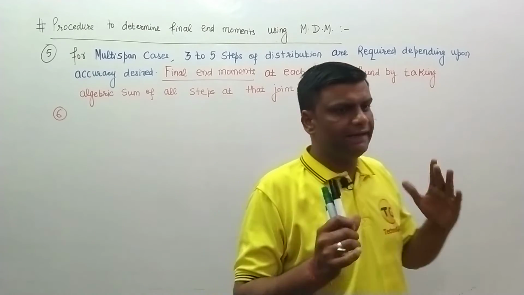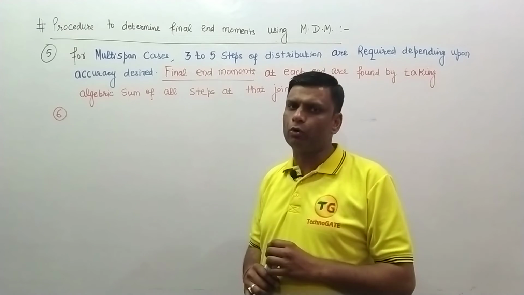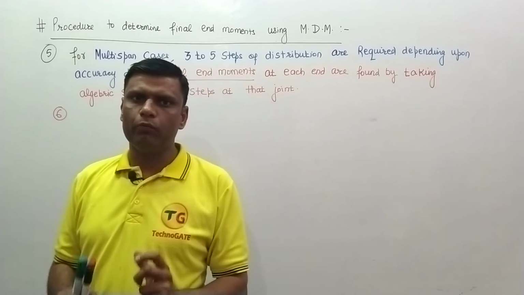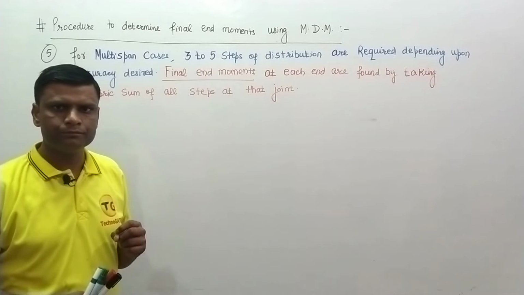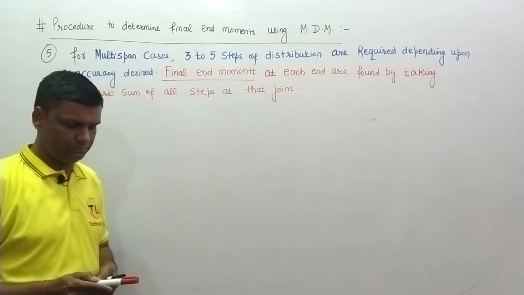Now, if final end moments are known, then the end moment diagram can be plotted and superimposed over the simply supported moment diagram to draw the final bending moment diagram.